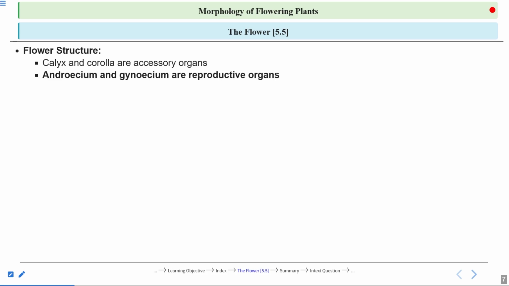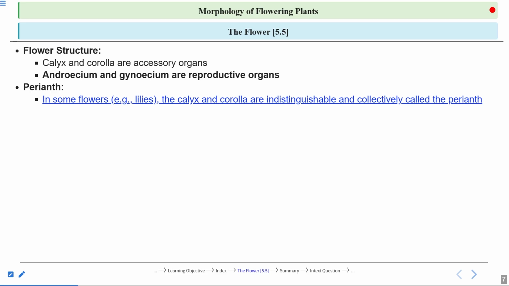Then what is the role of calyx and corolla? These are accessory organs. They are not the main part of reproduction, but yes, they help in the process of reproduction. That is why they are called accessory organs. Calyx and corolla are the accessory organs, but the androecium and gynoecium are the main reproductive organs of the flower.